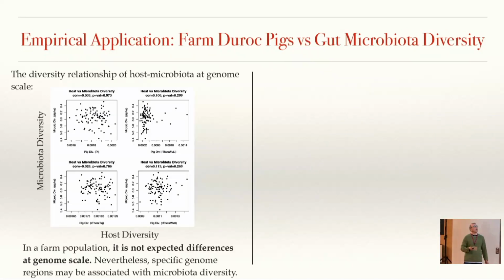As an empirical application, we used Duroc pigs from a farm. What we saw is that at genome level, if we compare the host diversity and microbiota diversity using different estimators, we don't see any pattern. That is, in fact, expected, because we are not expecting strong differences in a farm population at genome scale.